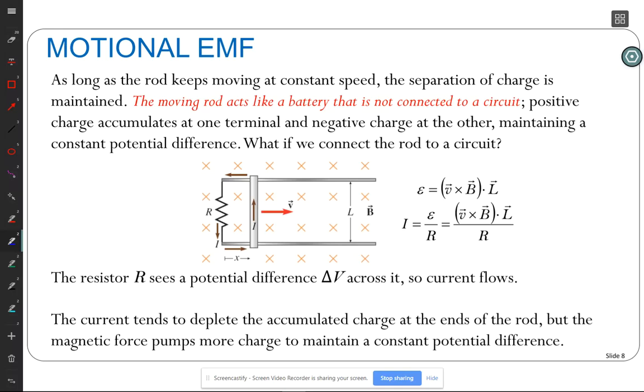Cross product, the magnitudes times the sine of the angle between them. But the outcome of this is, in this case, my velocity is perpendicular to my magnetic field, and my length is perpendicular to those. And so V cross B dot L is just V times B times L, because that's the case we just did.